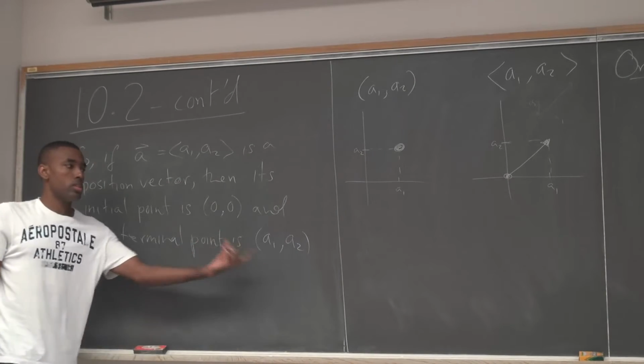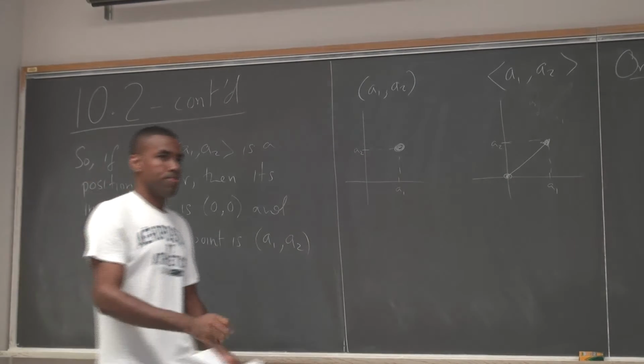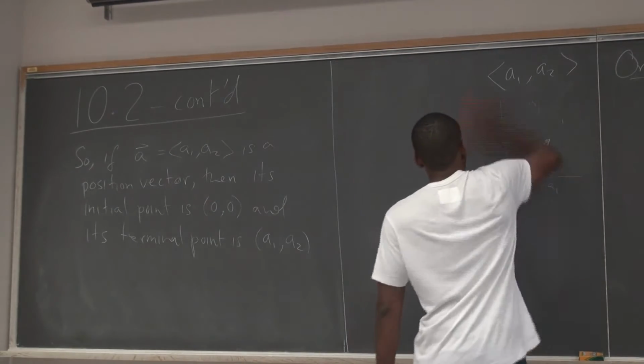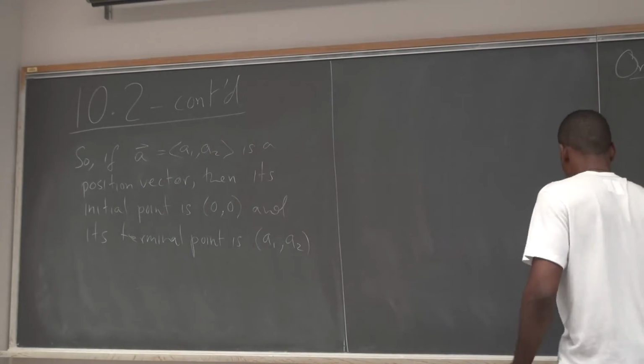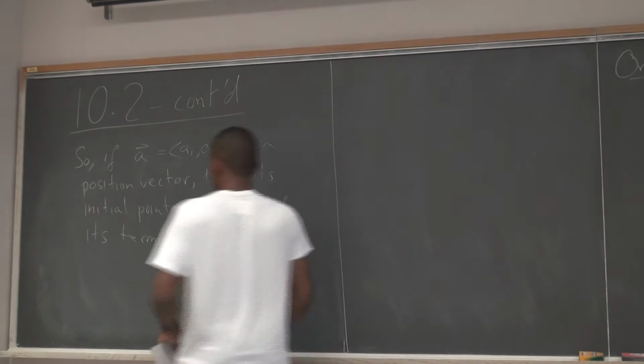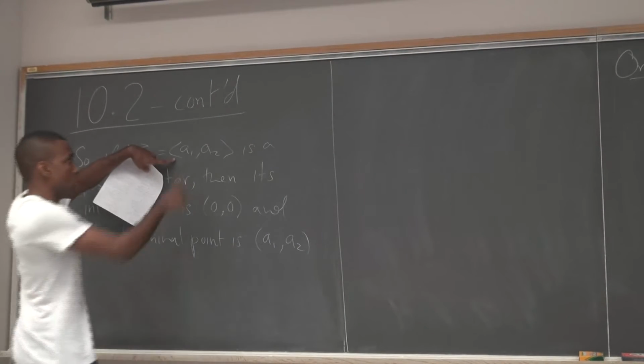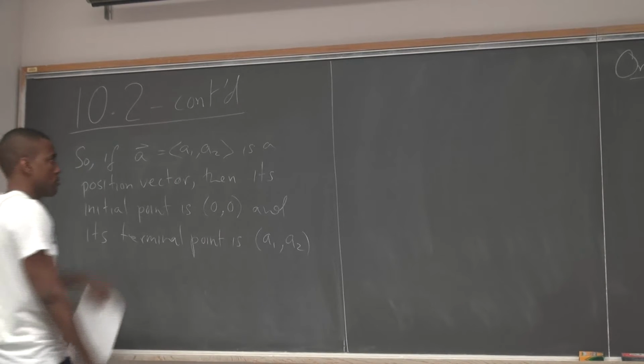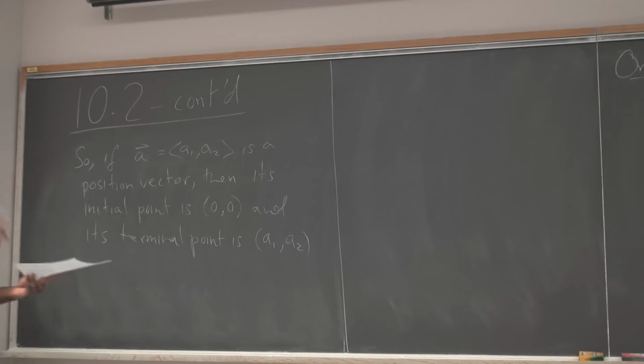Notice I use parentheses and not the sharp edge brackets. Several times position vectors are used in the same way we use points, but we'll get to those subtleties later on.